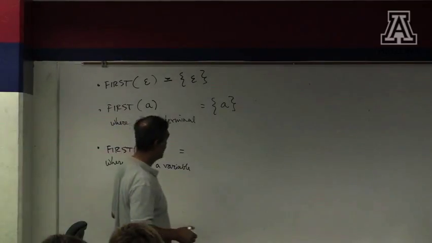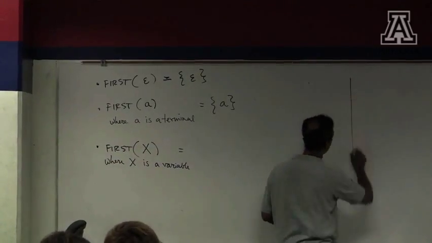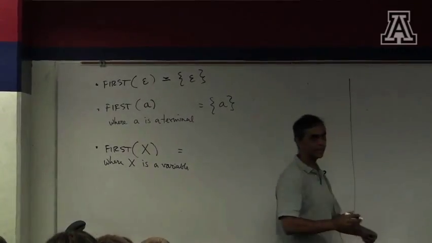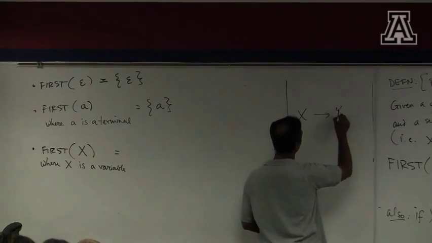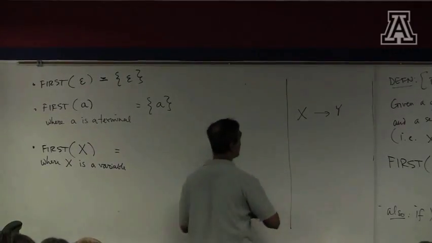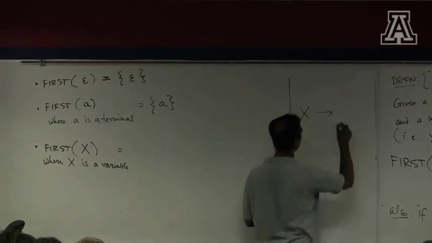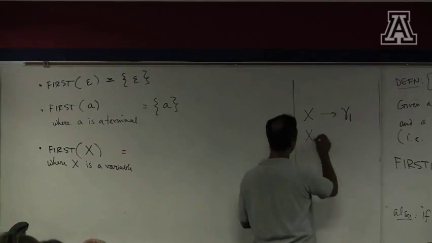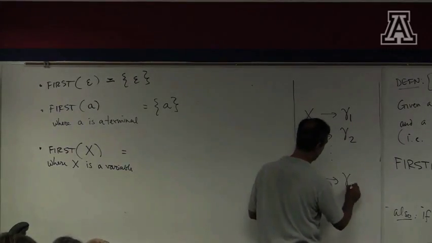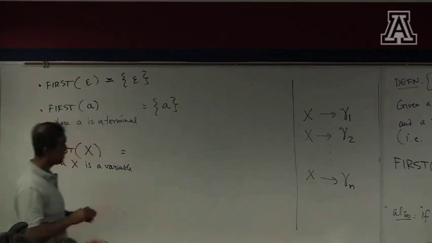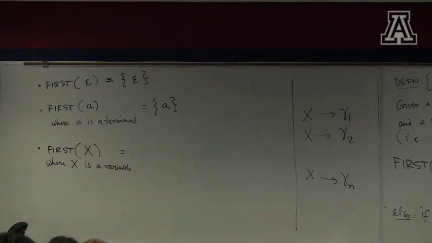So let's see. So first of x, where x is a variable. Suppose I have grammar rules for x. X goes to gamma 1, gamma 2, gamma n. What's the first of x?